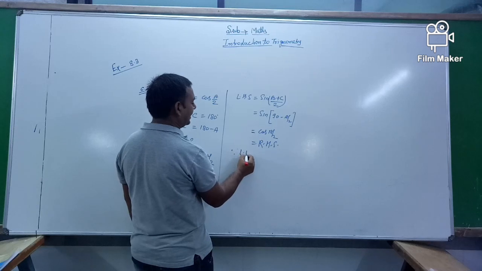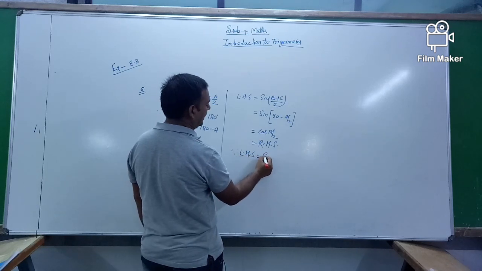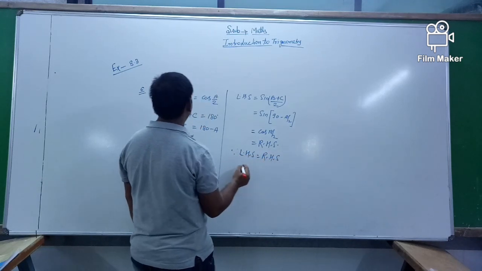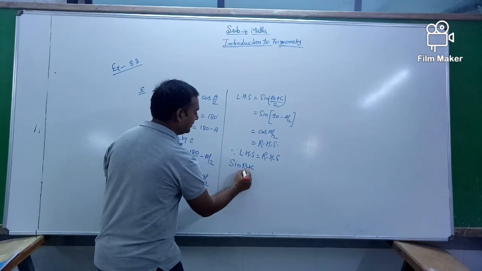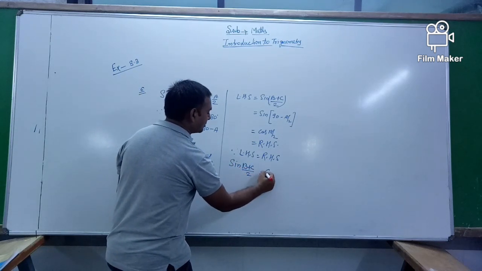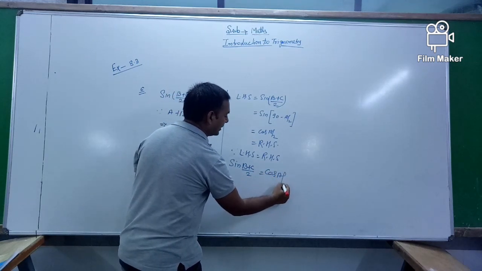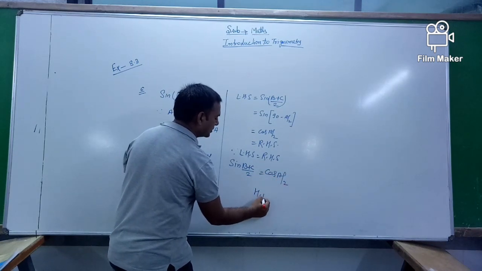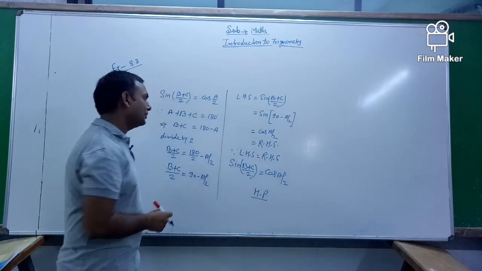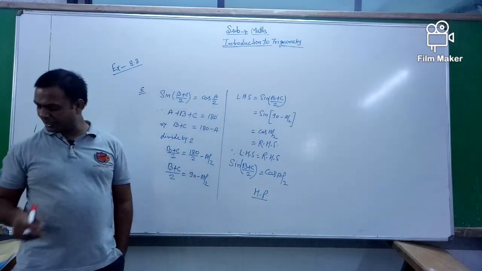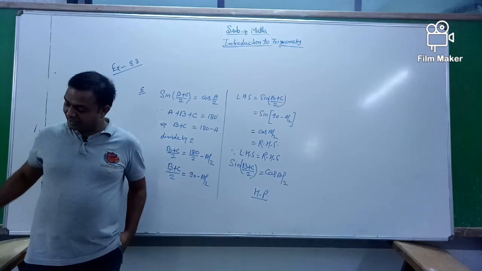Therefore LHS is equal to RHS, and sine of (B plus C) by 2 is equal to cos A by 2, and hence proved. So I think all of you understand how we can prove this if these are the interior angles of a triangle.